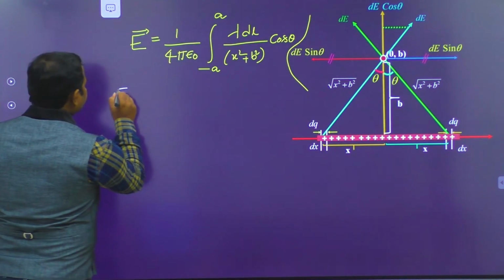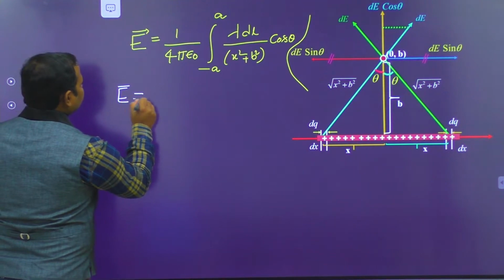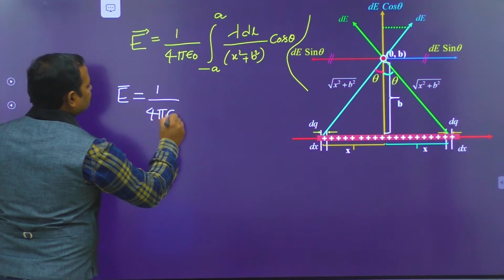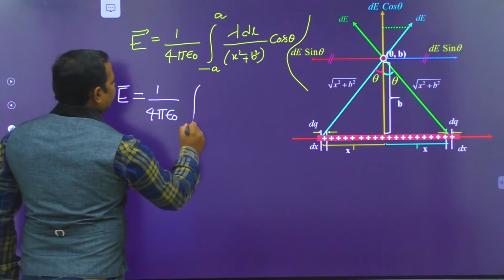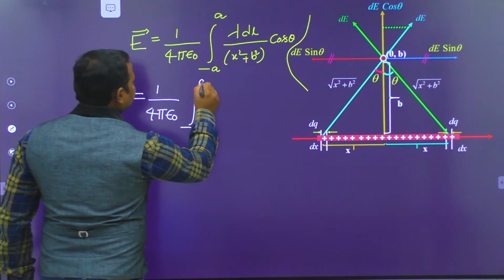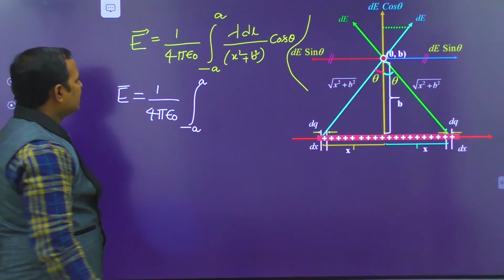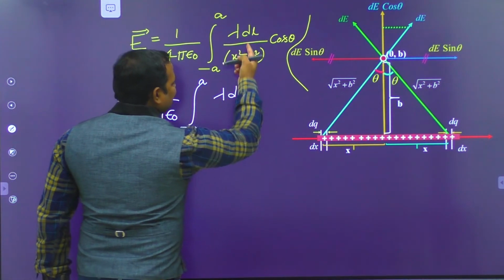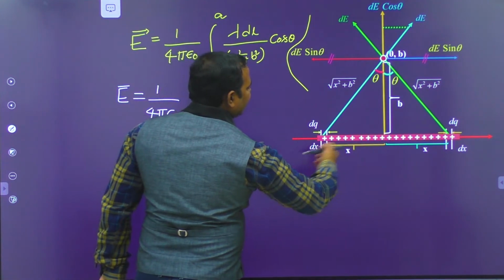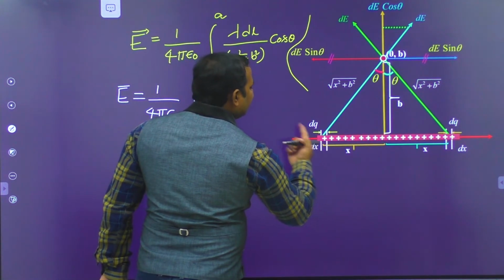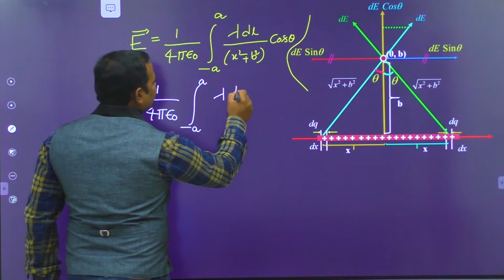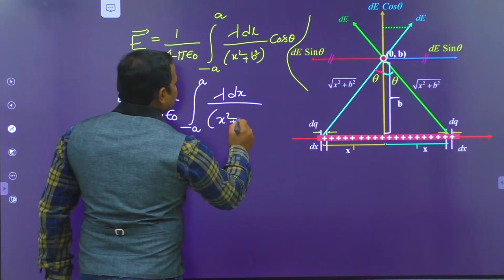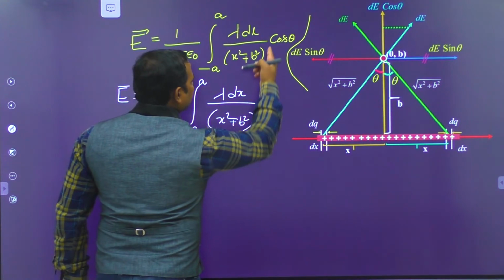Now let us simplify this. E = (1/4πε₀) integration from minus a to plus a of λ dl. Actually this is on the x-axis, so we have taken dx. So let us replace dl by dx, over (x² + b²) into cos θ.